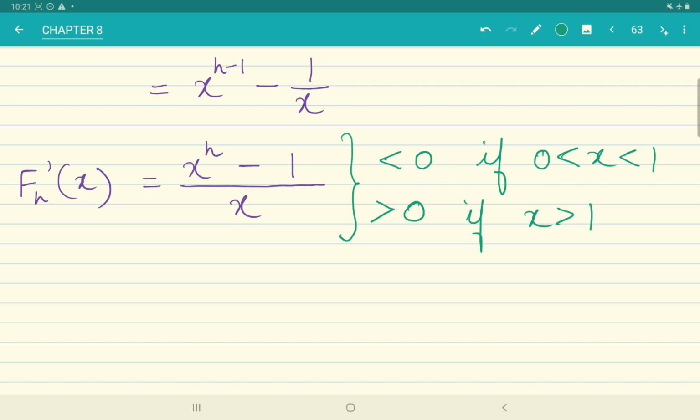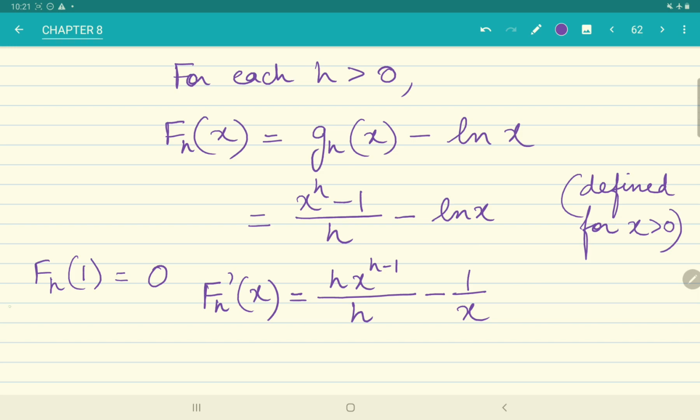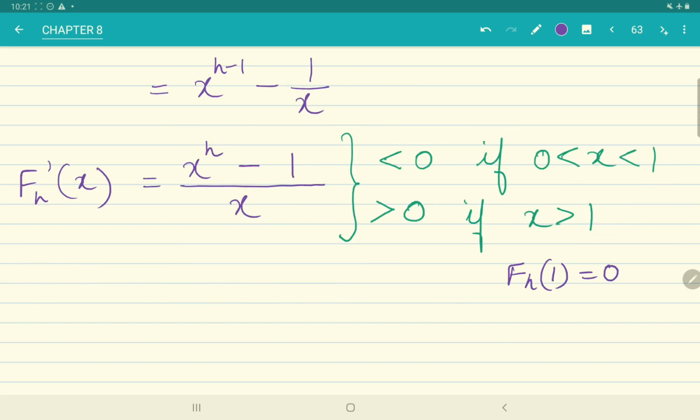I know here, let me write this again, that fh of 1 is 0. I can see that fh prime x is less than 0 when 0 is less than x less than 1. What does that mean?